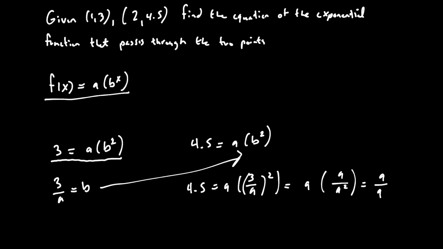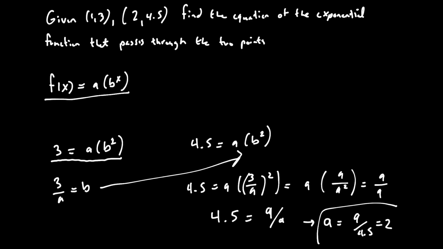This is a little hard to see, so let me rewrite this equation. What we have is 4.5 is equal to 9 divided by a. Then multiply both sides by a and divide by 4.5. And what we see is that a is equal to 9 divided by 4.5, which is equal to 2.